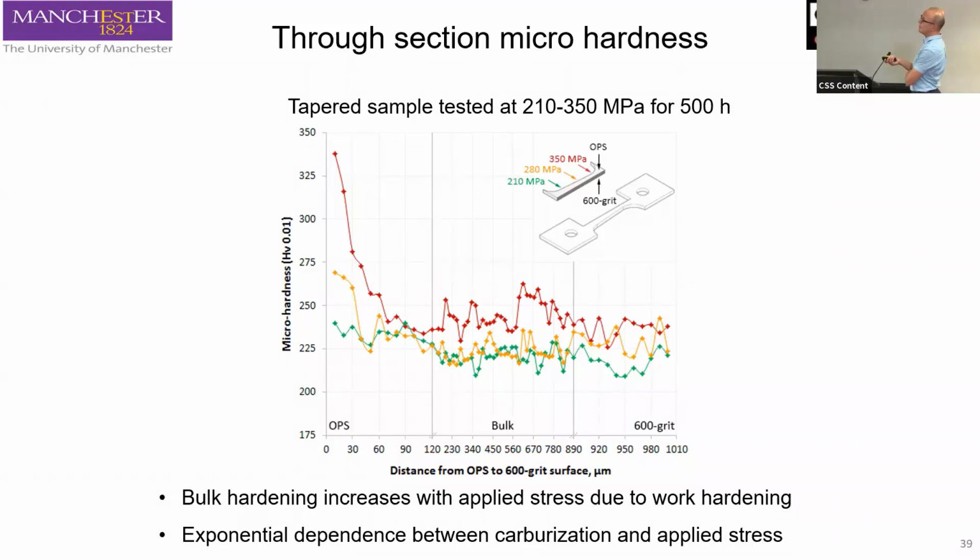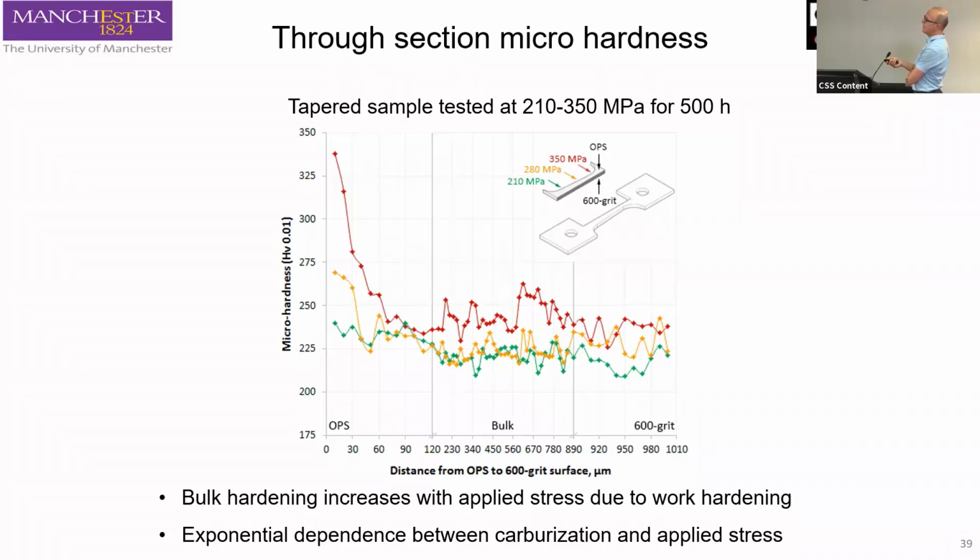But the highest value of hardness corresponds to the region that was subjected to a higher stress. At 350 megapascal, we can see a hardness in excess of 300 Vickers, and at 280 megapascal, you can see a much lower hardness on the surface.